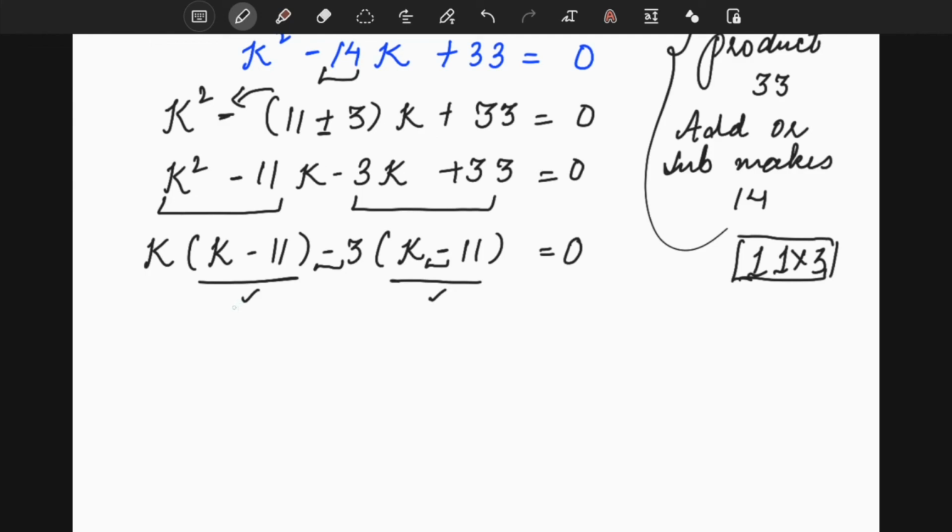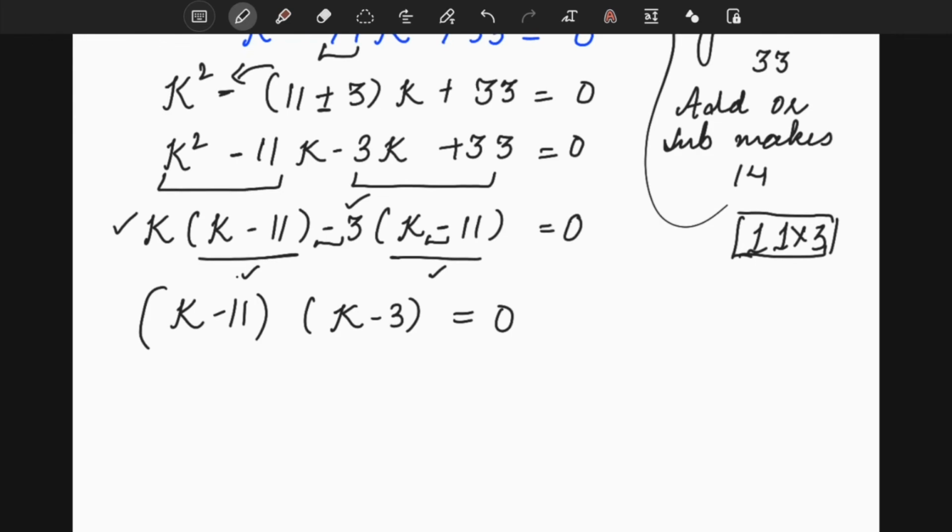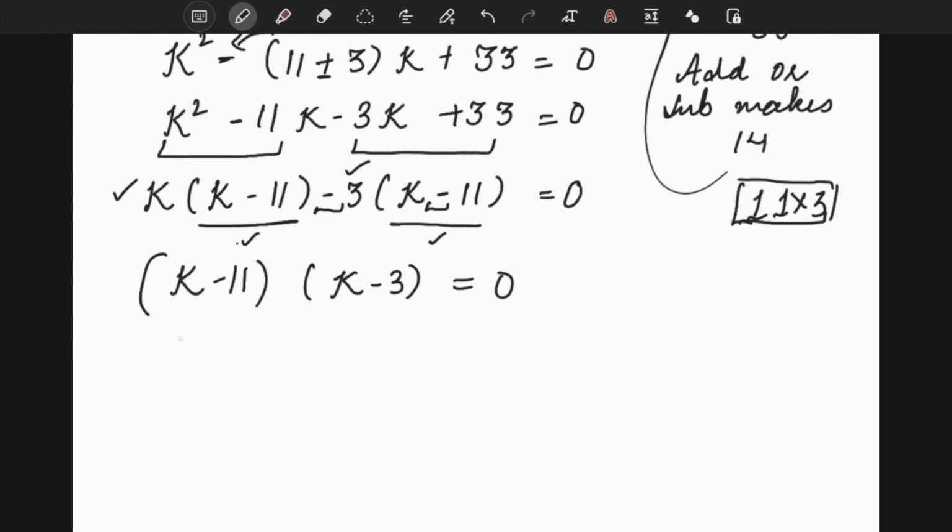After that, what we have to do, we write the same bracket one time, and we collect the terms which are outside the bracket. K minus 11 into k minus 3 is equal to 0. They ask for finding the two values of k.